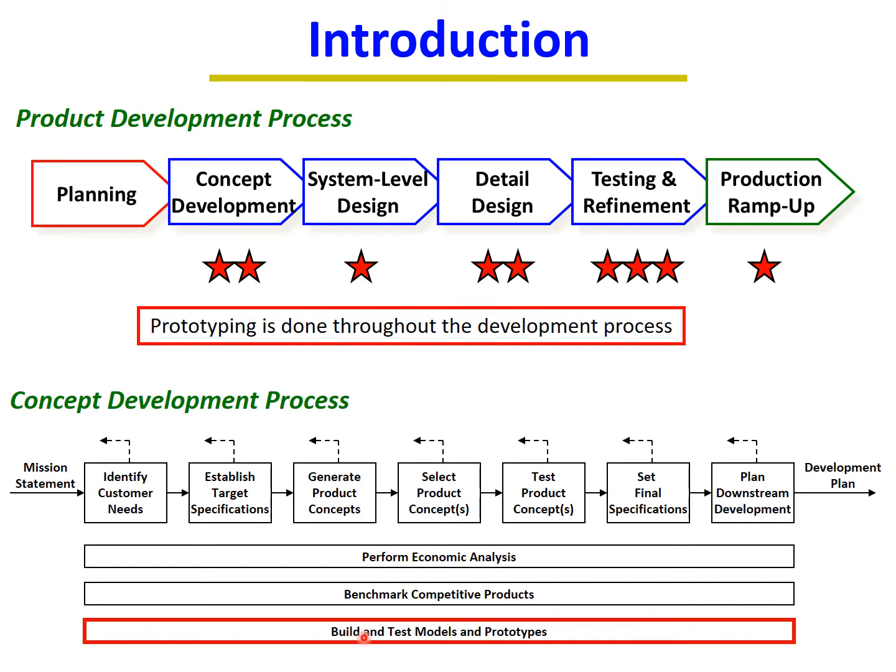Similarly, build and test models and prototypes covers all these stages. So it has to start all the way here and has to go on throughout the other processes as a parallel. You are doing your concept development, your detailed designing, your product development, but if you want to do the product prototyping, then you have to do through all these stages.